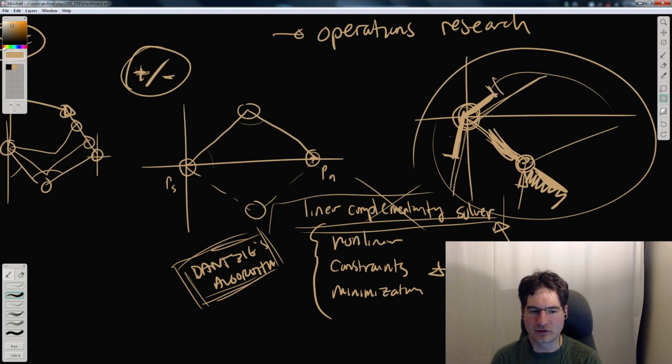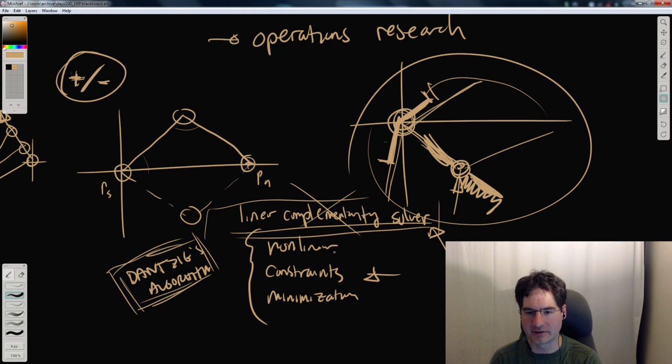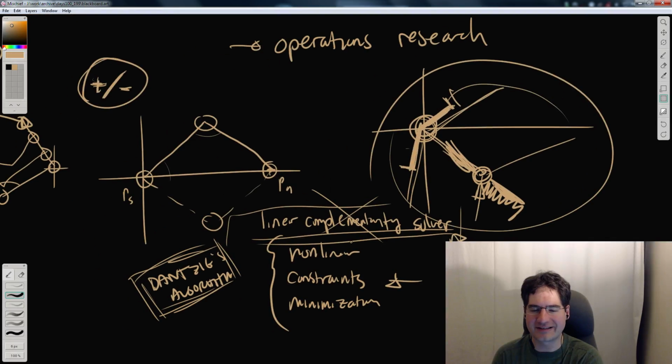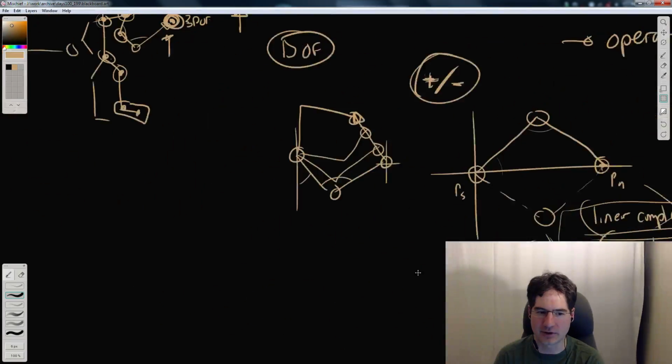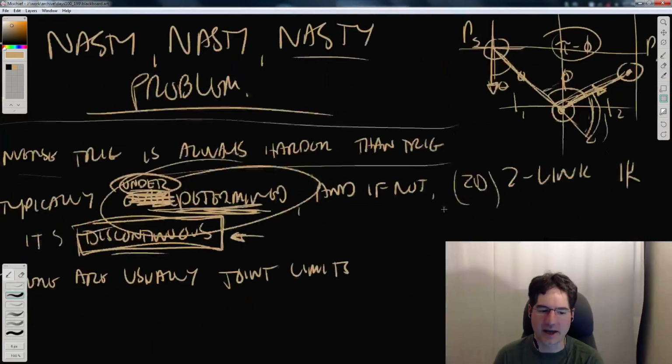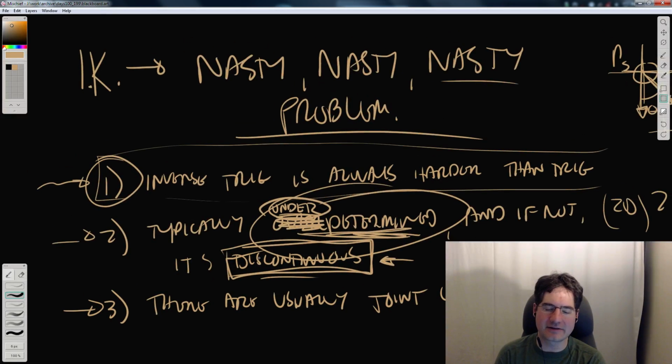They'll just use some kind of cheesy, half-baked, iterative thing that just moves joints generally towards the goal. And that tends to be good enough. There are some pretty simple algorithms that work okay, and that is actually what people often use instead of trying to do things that are extremely mathematically rigorous. So, nasty, nasty, nasty problem.